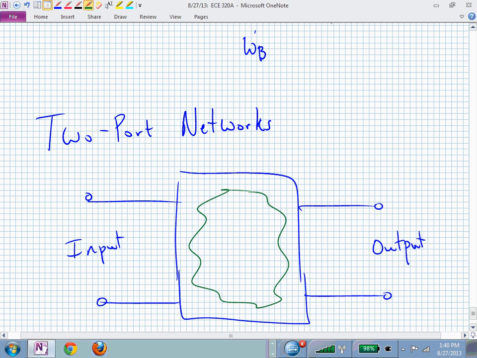Well, can you boil that down to maybe 4 values to give me 2-port parameters? Then I can analyze more effectively what's going to happen between the input and the output. And those are our 2 ports. Now we have a 2-port problem.